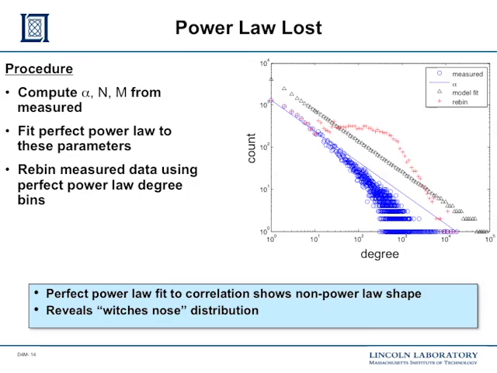So here's an example of the reverse. Before, we had data that didn't look like a power law, but when we rebinned it, we recovered the power law. Here we have data that, in its random binning, may look like a power law. We actually see it has this bump, and in continuing with our Halloween theme, we can call this the witch's nose distribution because it comes along here as this giant bump and then goes back to a power law.